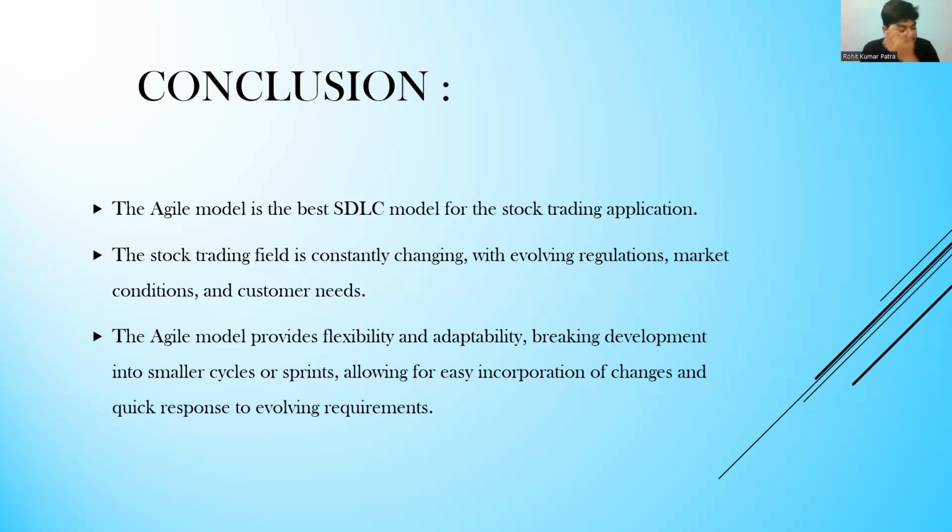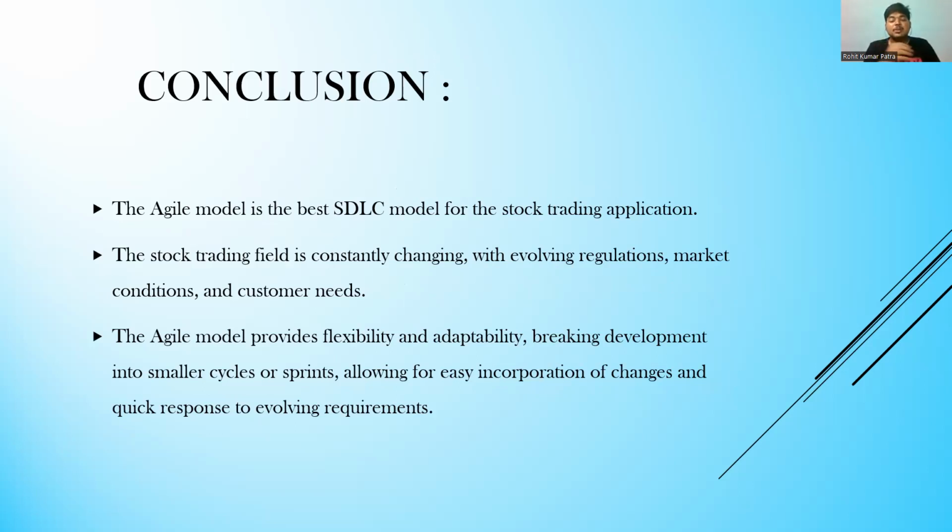Now for my conclusion. The agile model is the best software development life cycle model for the stock trading application, as I have told. The stock trading field is constantly changing with evolving regulations, market conditions, and customer needs.